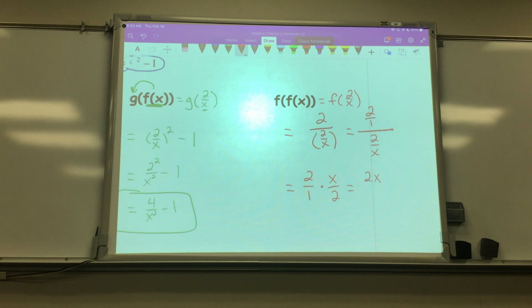So 2x over 2, which you can divide, is just x. So if there's a fraction in the denominator of a fraction, you can essentially just take the denominator of the bottom fraction and bring it to the numerator of the whole fraction. When you multiply by the reciprocal, you're just bringing the denominator to the top.